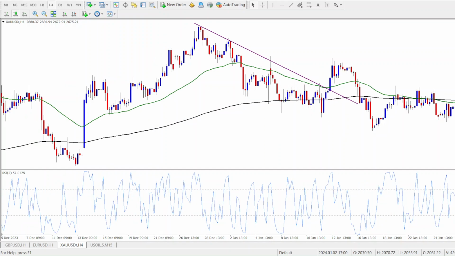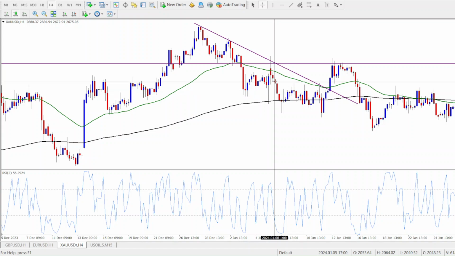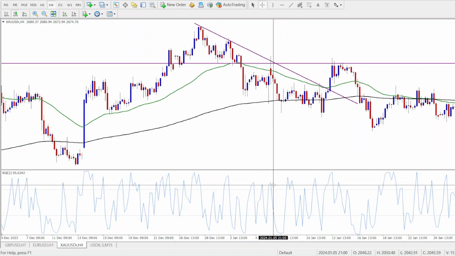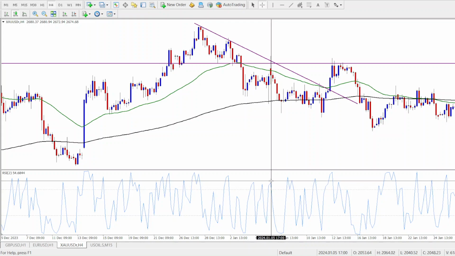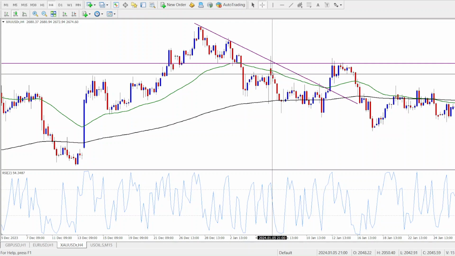In this case, you can look for price to be, for example, at a resistance. You can see around here, price is around the resistance, and at the same time we have a bearish candlestick pattern here, and then we have the RSI value above 70 and pointing downwards, so it can be a potential sell.